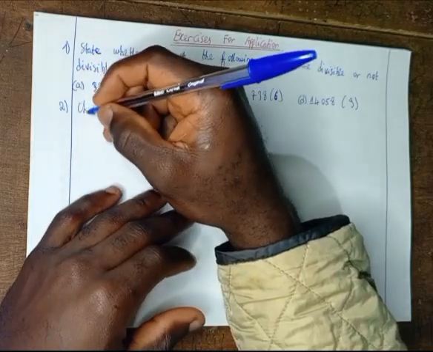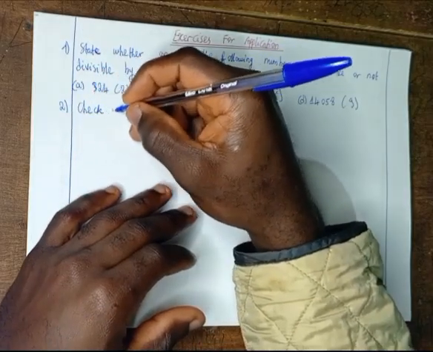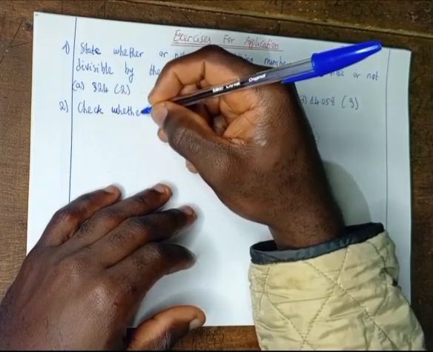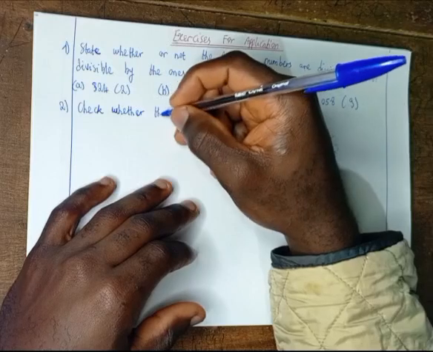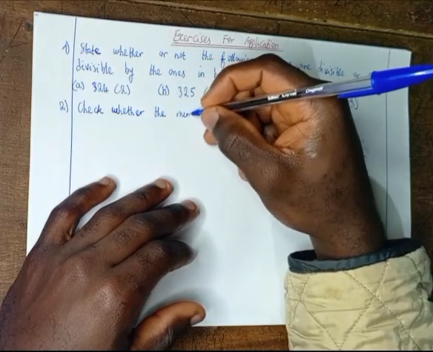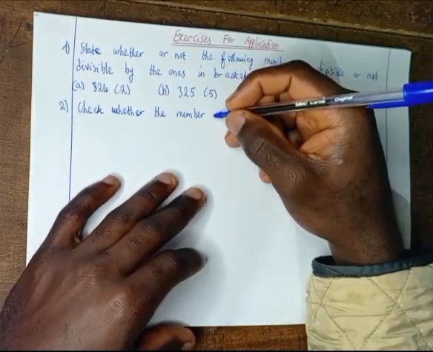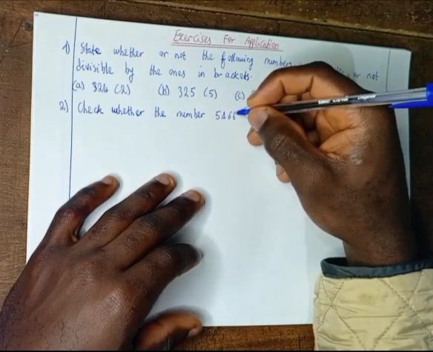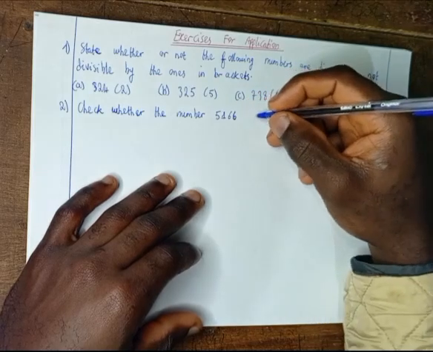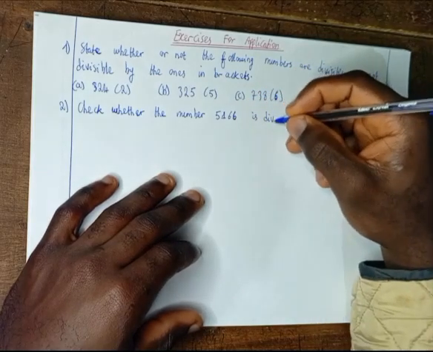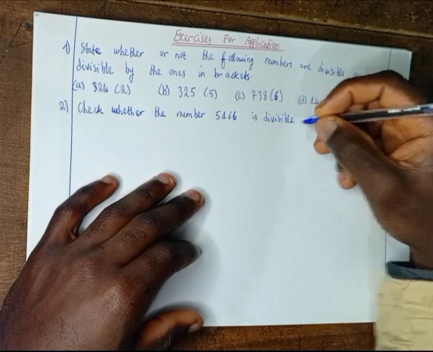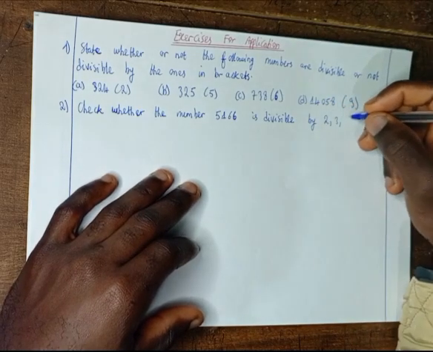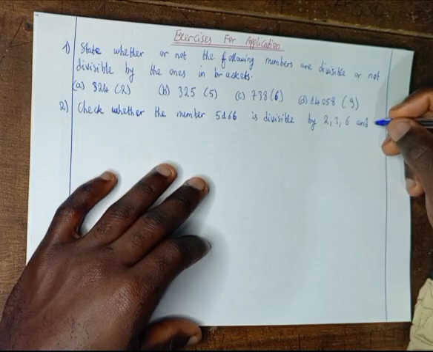Question 2 says check whether the number 5,166 is divisible by 2, 3, 6 and 9.